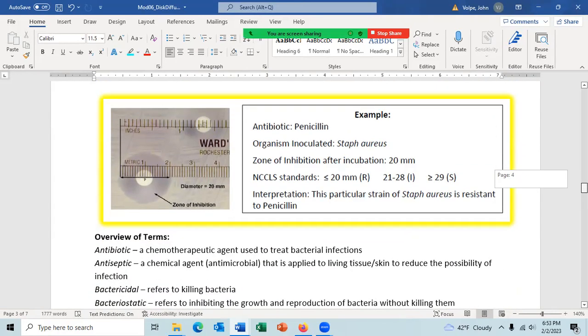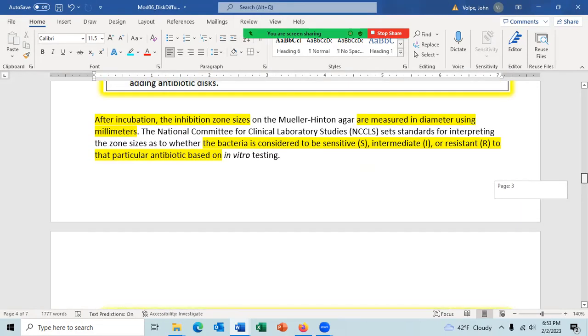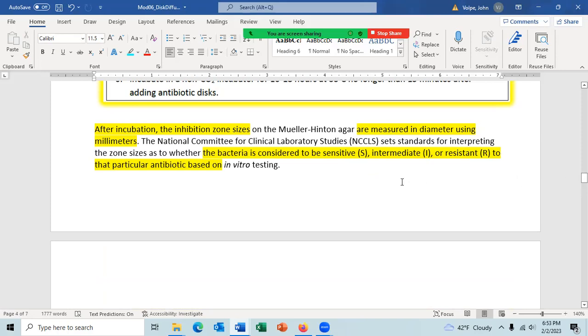To determine that, you have to look at the chart prepared by the National Committee for Clinical Laboratory Standards, or NCCLS, that sets the standards for interpreting the zone size of bacteria when you're doing the Kirby-Bauer disc diffusion test.